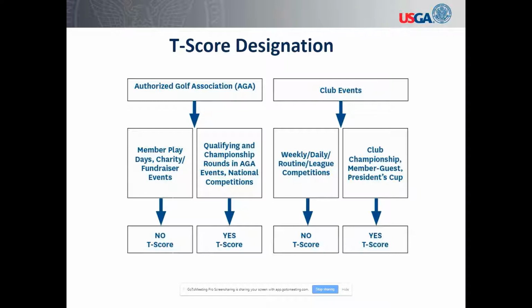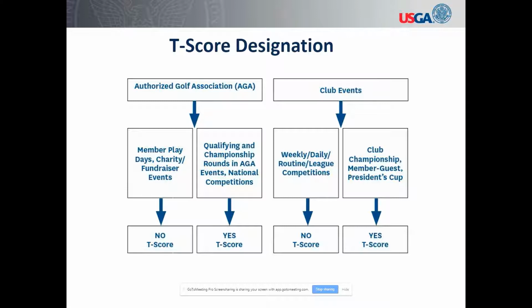For the purposes of this webinar, you should be concerned with the right-hand side of this chart for club events. When you have league competitions or your Tuesday morning group, things that happen on a routine, consistent basis, those should not be your tournament scores. Your tournament scores should be competitions that are rich in tradition, that occur once a year, that you keep coming back to.